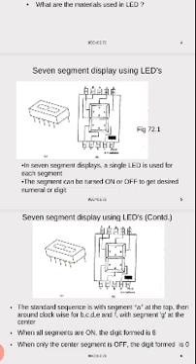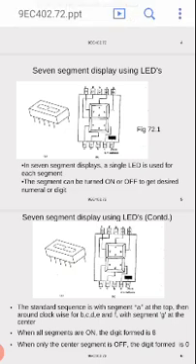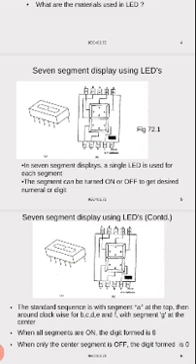Like that, when particular LED on and others remaining off, that is formed as separate digit. We can find all numbers in 7 segment displays from 0 to 9.